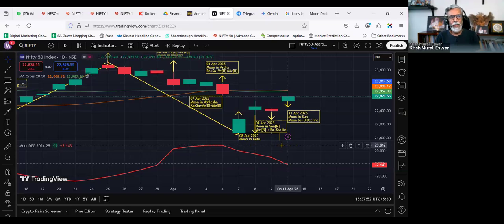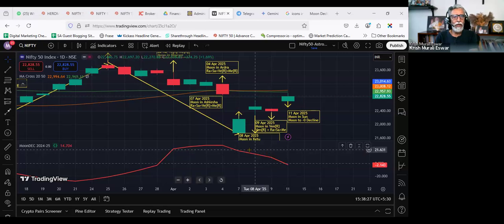Okay, so today, the moon declination is around minus 2.143 degrees. But the day before yesterday, the moon declination was plus 9.292 degrees.